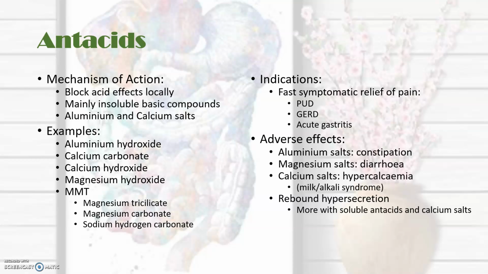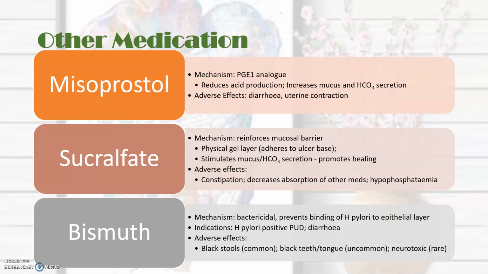With soluble antacids, there's a risk of rebound hypersecretion because when you change the pH of the stomach contents, the reflex of the body is to produce more acid. Here are some other medications that we need to know a little bit about. Misoprostol, a PGE1 analog, which reduces acid production.